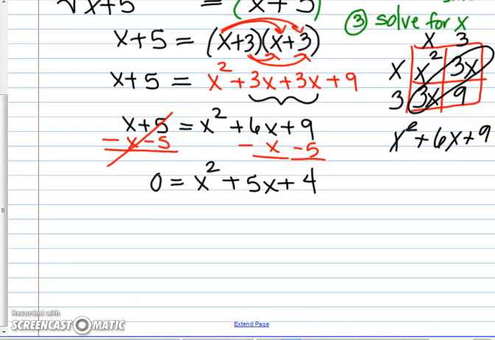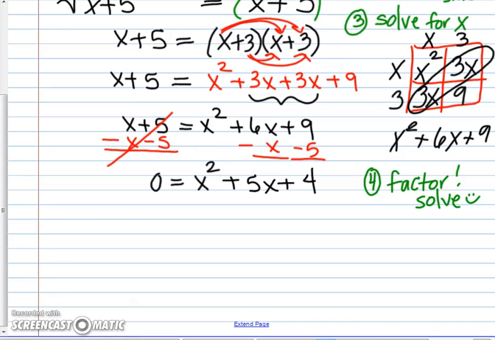So now here comes step 4 when you're solving quadratics in radicals. You need to factor and solve. Remember, for a warm-up, we said, what two numbers can you multiply together to get 4 whose sum is 5? You guys remember that? It's a long time ago. When I showed it to you like that, you were able to do it.